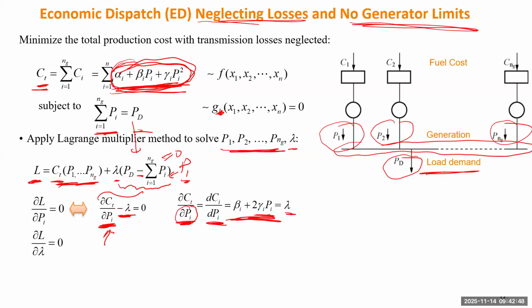It doesn't change with the i. The left-hand side has i, which can take any value from 1 to n, but the right-hand side is just a single lambda. So what does this equation mean? This equation means all power plants need to operate at the same incremental cost, the same lambda.